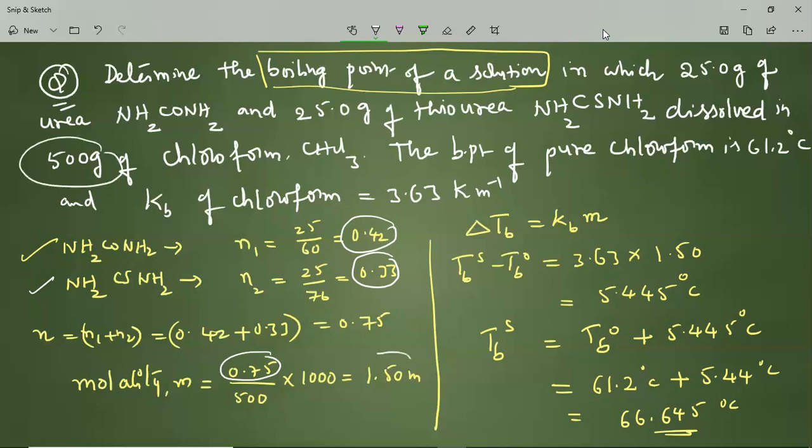We got the molality as 1.50. And this molality is substituted in the colligative property formula, delta Tb equals Kb into m. After that, we substituted the Tb naught value also, and finally got the boiling point of the solution as 66.645 degrees Celsius.